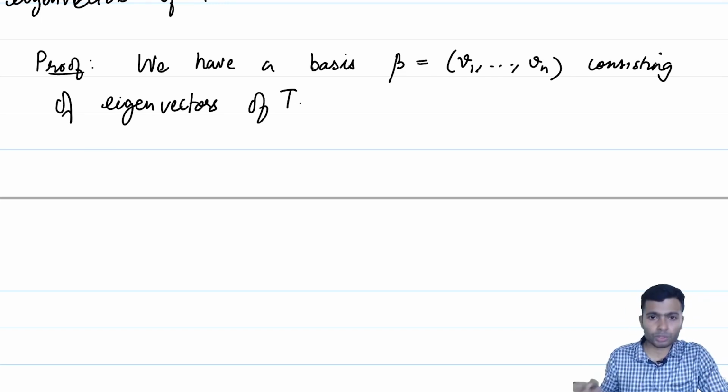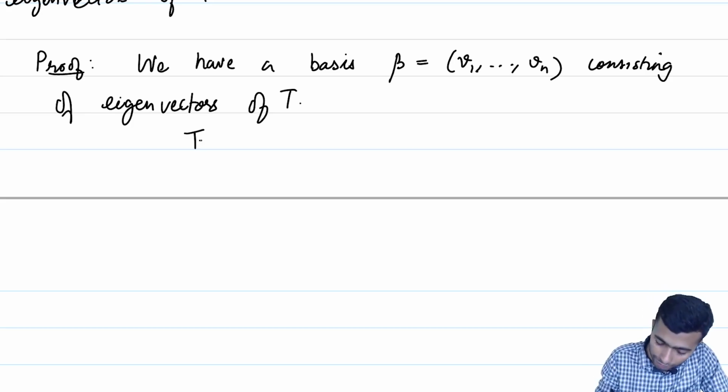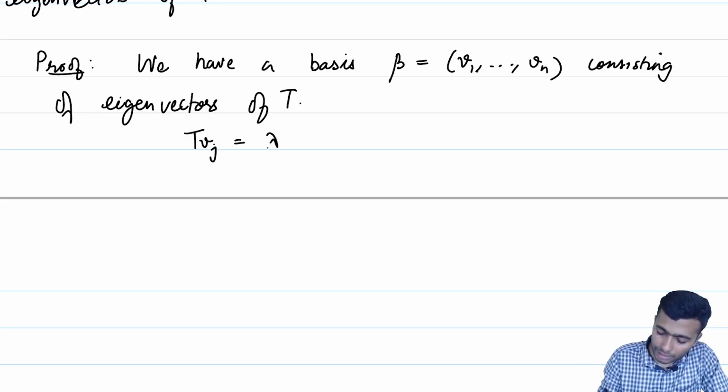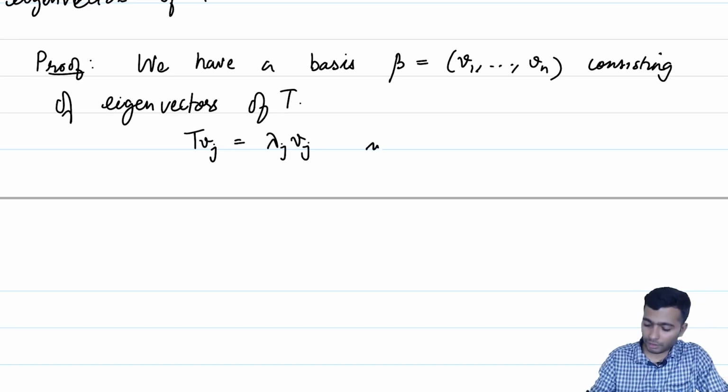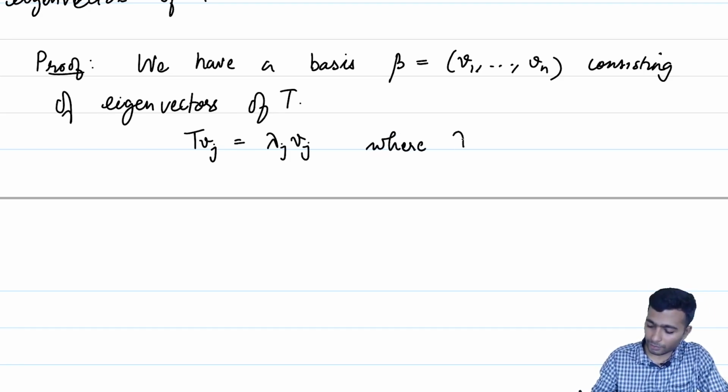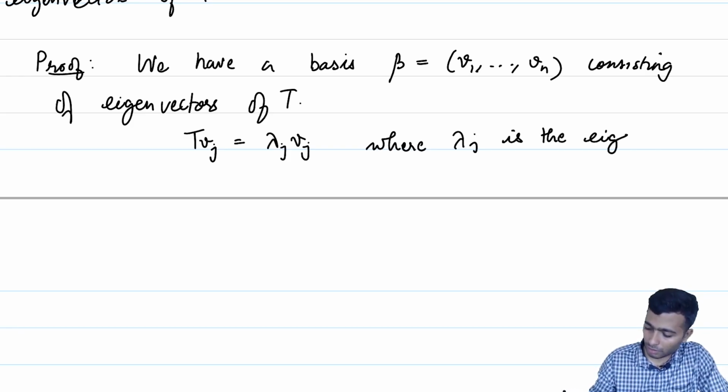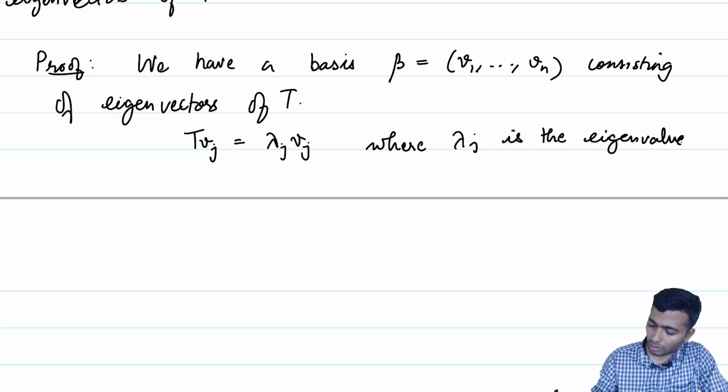So, what is T of Vj? T of Vj is some lambda j times Vj, where lambda j is the eigenvalue of Vj.